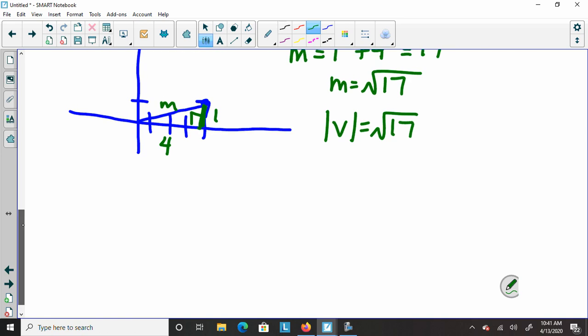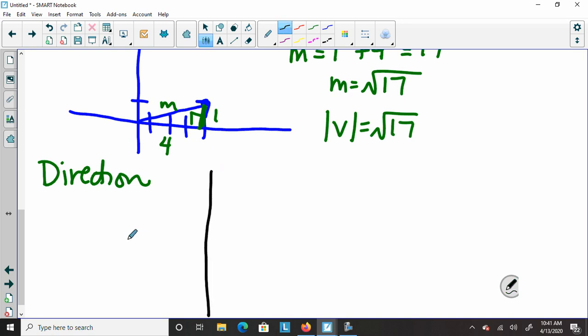Direction will be the angle. So we'll do the exact same one again. 1, 2, 3, 4, 1. Okay. So we're going to use right triangles again for this.